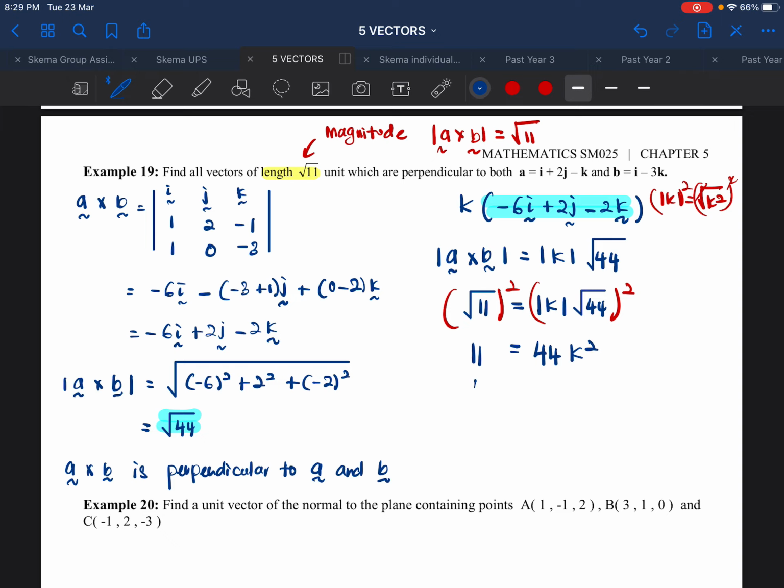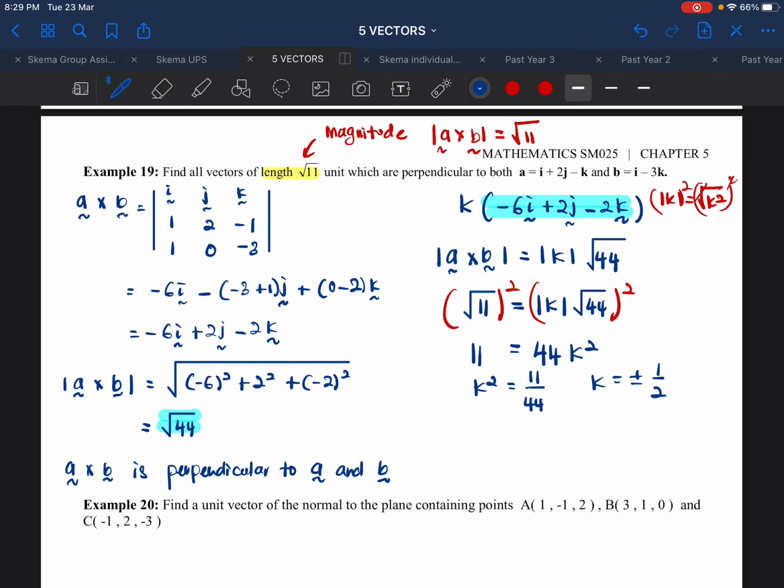Which is K square kita is equals to 11 over 44. So K kita is equals to plus minus square root of 11 over 44, so K kita is equals to plus minus 1 over 2.